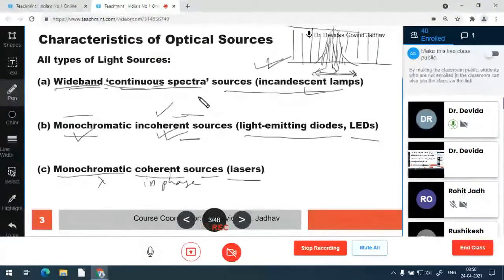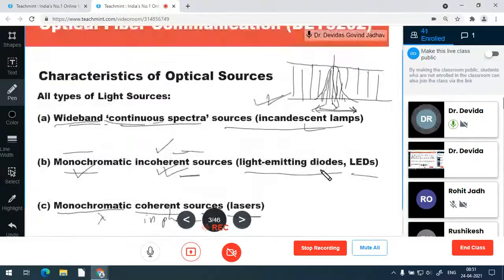Optical fiber communication requires monochromatic and coherent sources. If coherency is not maintained up to a certain level, like in an LED, it will still work in optical fiber communication. But a monochromatic source is a requirement.